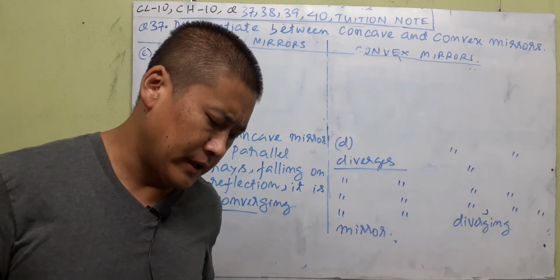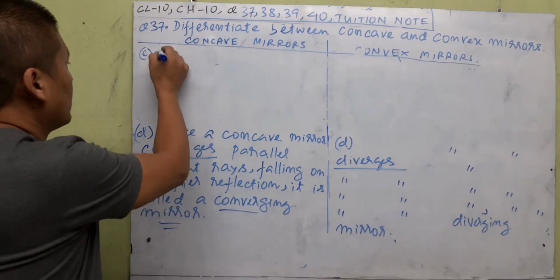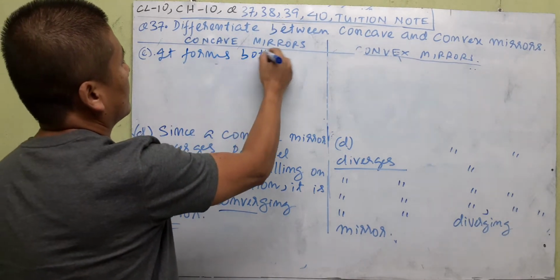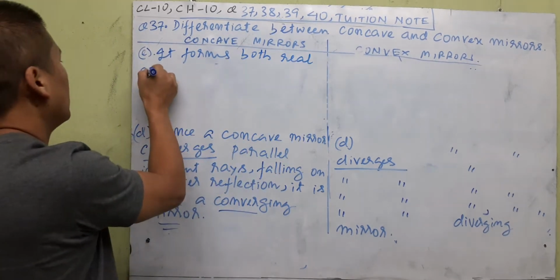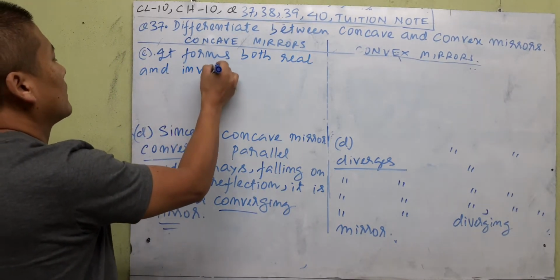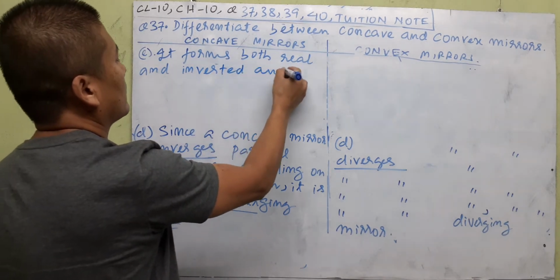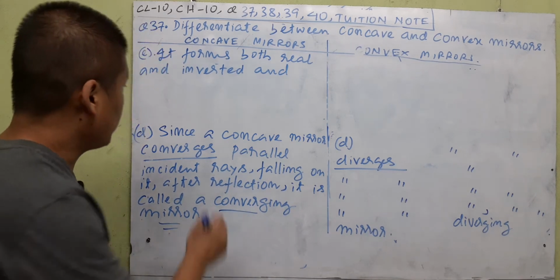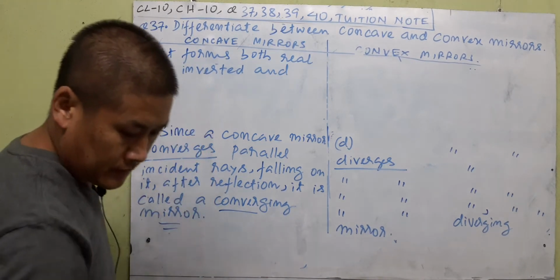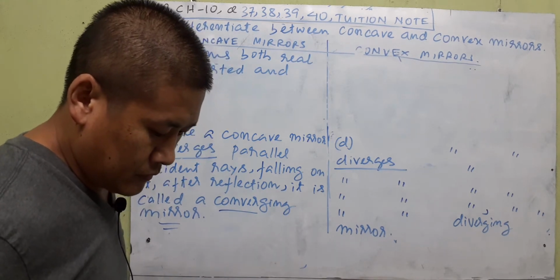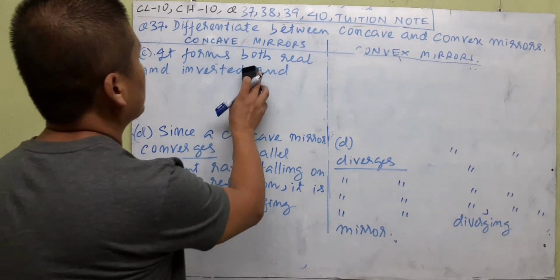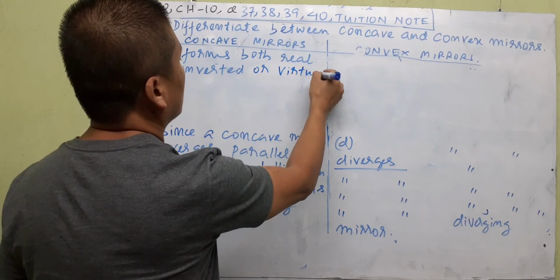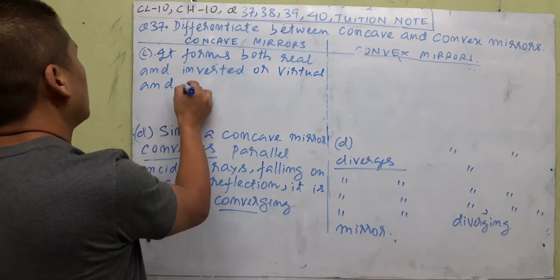It forms both real and inverted, meaning the concave mirror forms both real and inverted, or also virtual and erect.